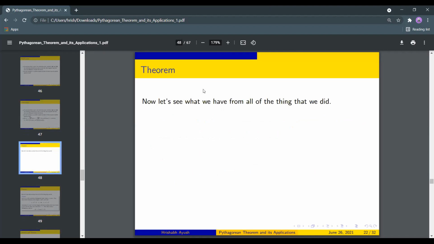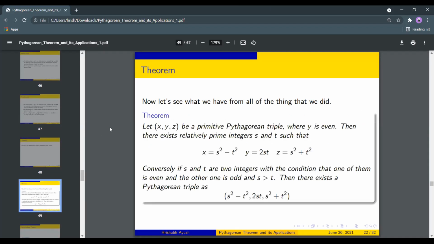So now let's see what we have from everything that we did. We'll make a theorem out of that. Not make, but that's actually made before, and we're just trying to study that. So this is the actual Pythagorean triple theorem.